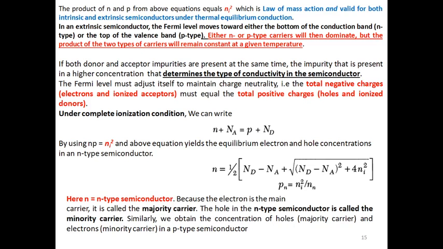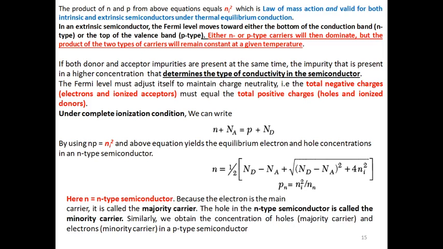Then the product of the carrier concentrations of electrons and holes is similar to what we saw before, that is np is equal to Ni square, which is nothing but the law of mass action.